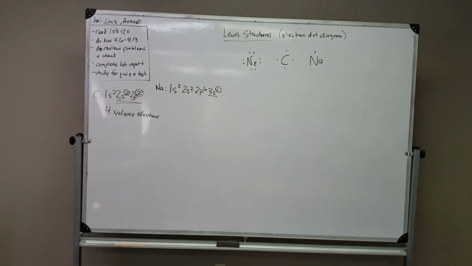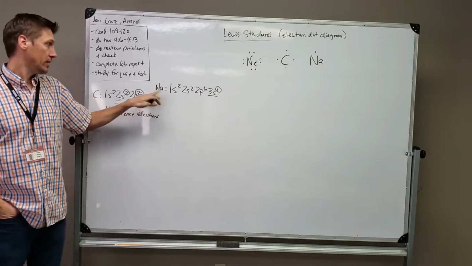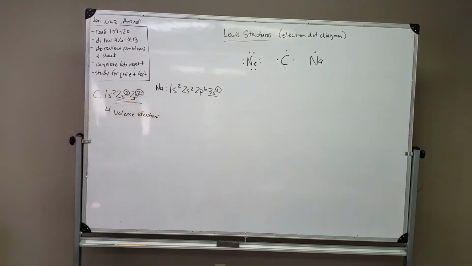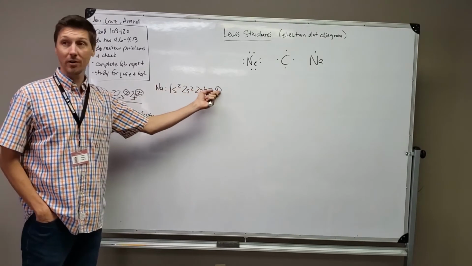Is the only way to get the electron dot diagram to write it out like that? No. I'm about to show you the trick for doing that. But I do want you to see that you could get it from this. If I didn't tell you what element it was, and I just wrote out this electron dot diagram, you'd be able to count up all these electrons and figure out which element it was.